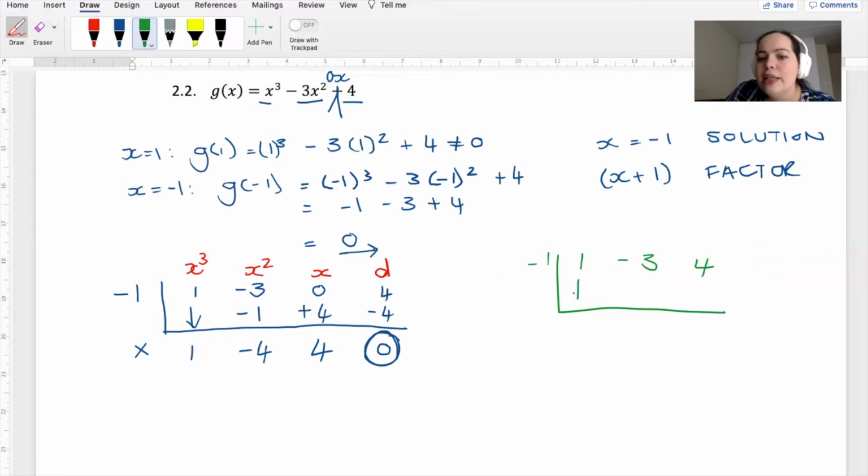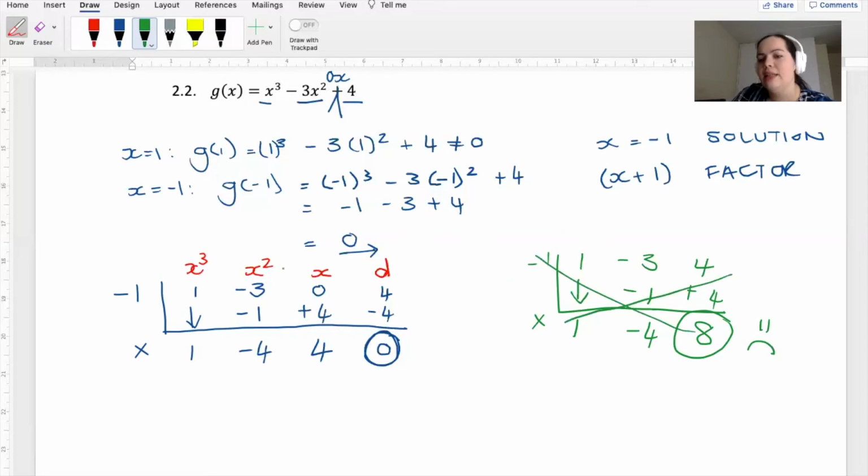Let's try it and see what we get. Bring down this 1, multiply, we get minus 1, and then negative 3 minus 1 is negative 4. Negative 1 times negative 4 is positive 4, and 4 plus 4 is 8. Do you see how you did not get your 0 here? That should be an immediate indicator that something we did there was incorrect.